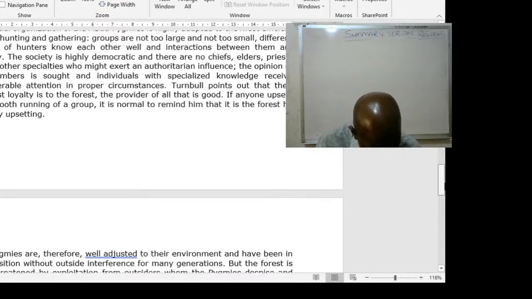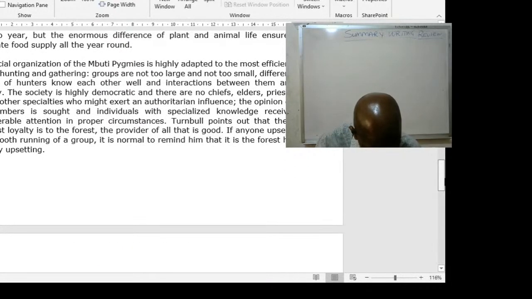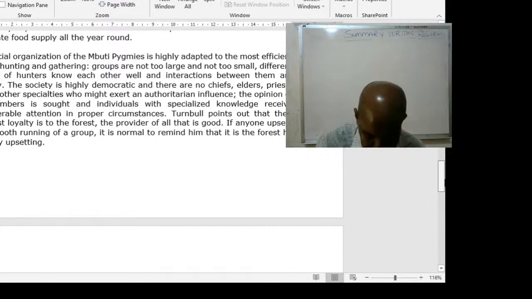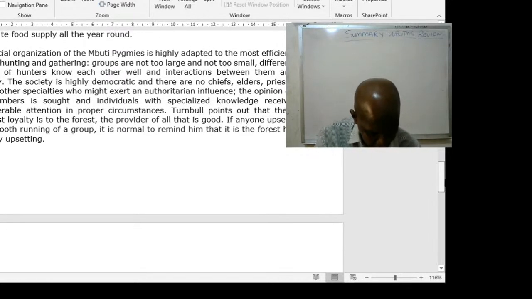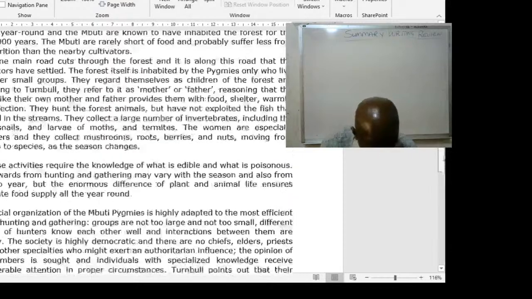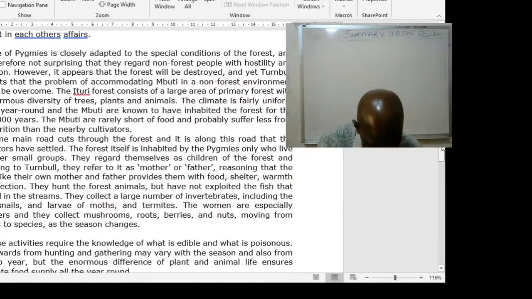So here, the point is the sentence that begins with, they regard themselves as children of the forest. I think you will agree with me that that is a value. They regard themselves as children of the forest.